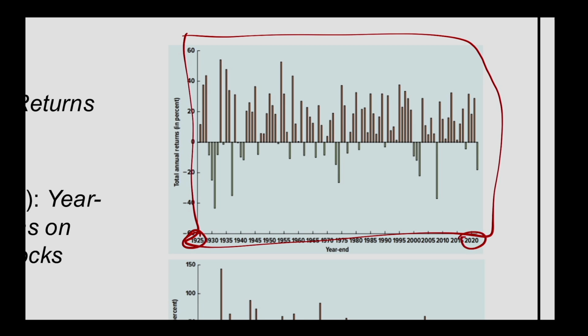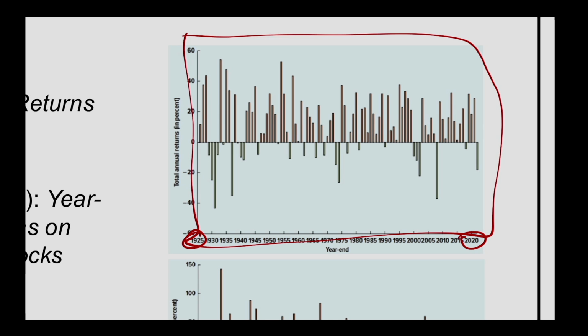By the way, I meant to mention one additional thing about critical viewing of graphs and charts and things of that nature. And that is to say, one has to ask, why 1925? And why 2020? Well, 2020 is obvious.